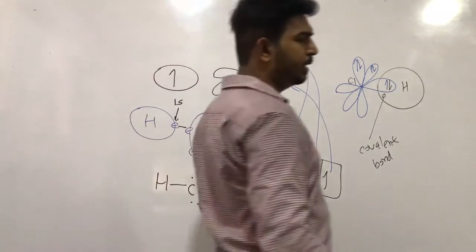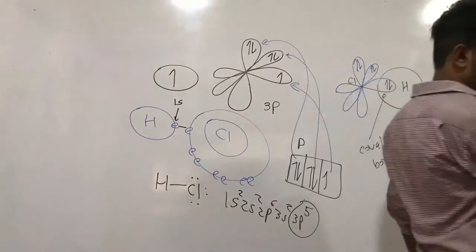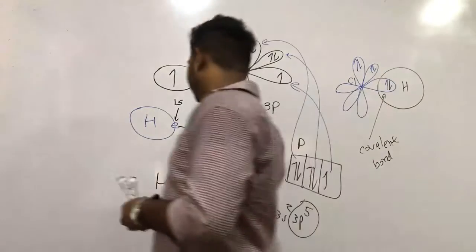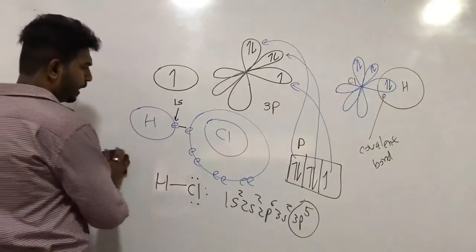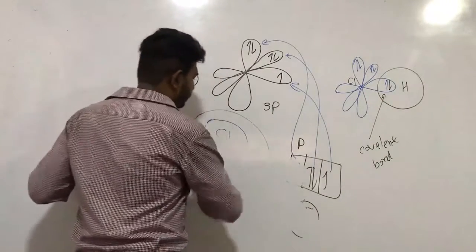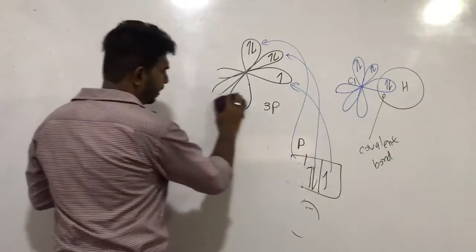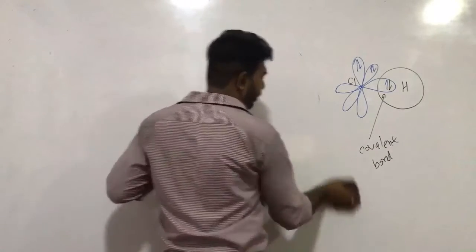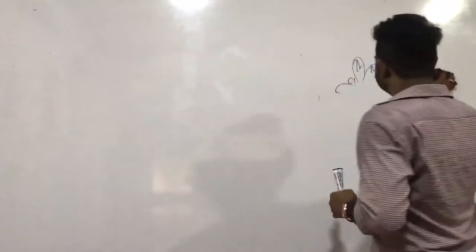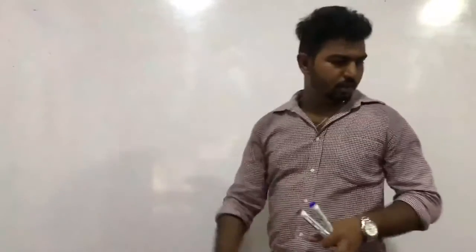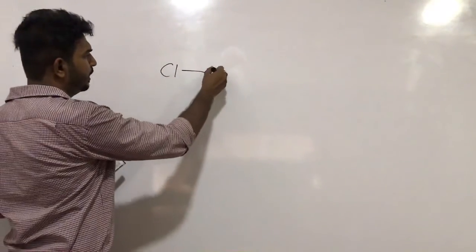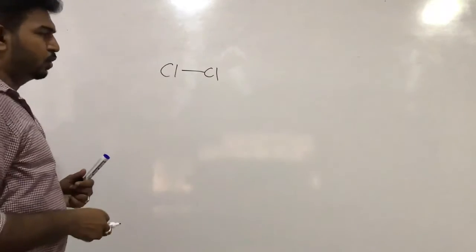So let's consider another molecule. Let's consider the Cl2 molecule. We could consider the P4 molecule, but it has a difficult shape. So let's consider the chlorine molecule, Cl2.